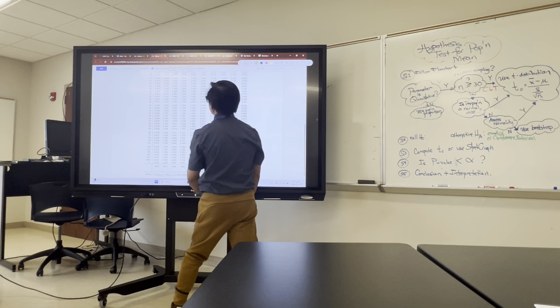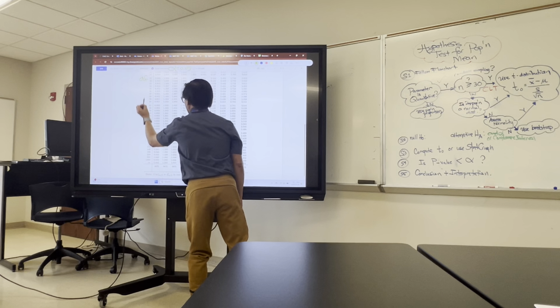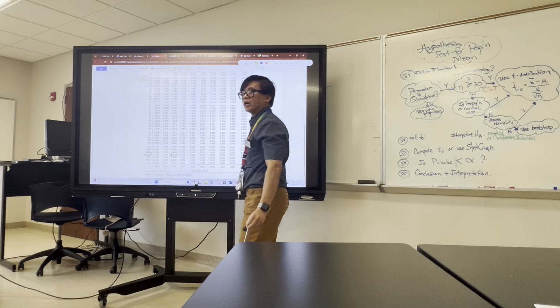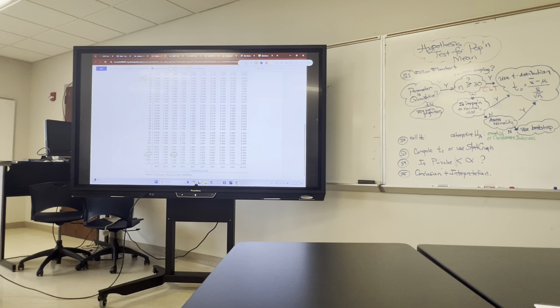Third column, and your degrees of freedom is in here. 199 is approximately 200. So that would be what? 1.653, right? So the T-score at 0.05, degrees of freedom 199, approximately 200, is 1.653.